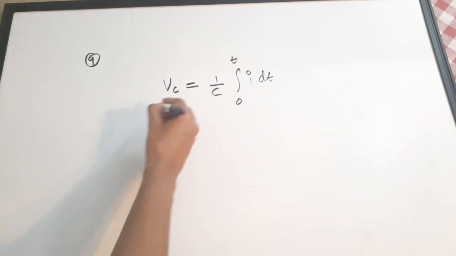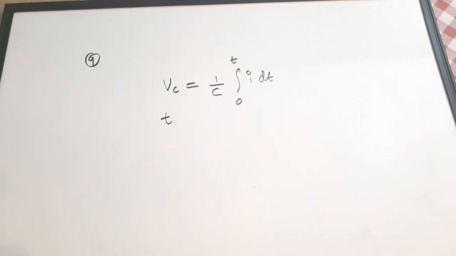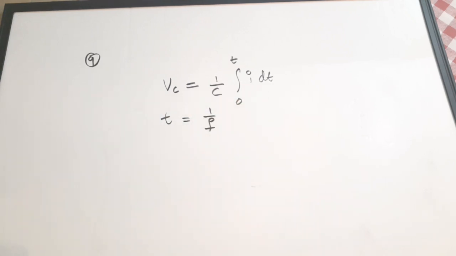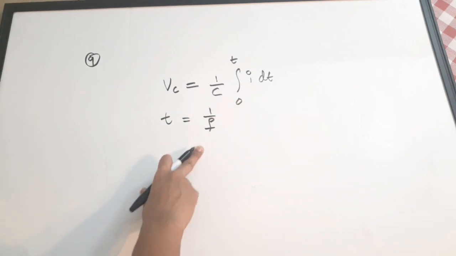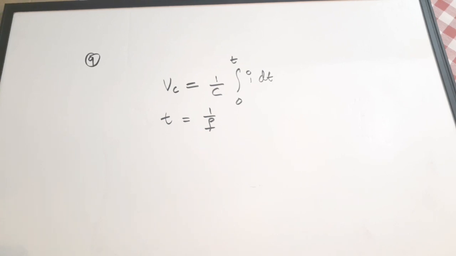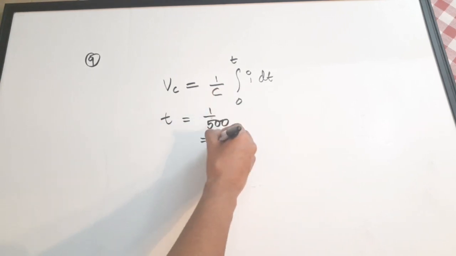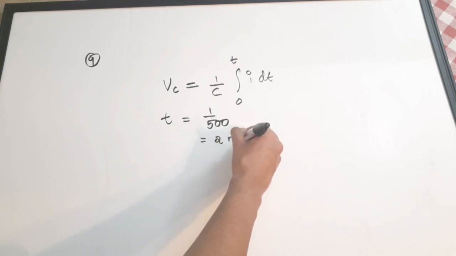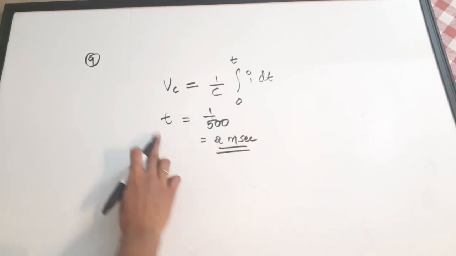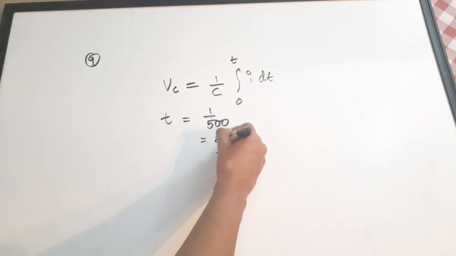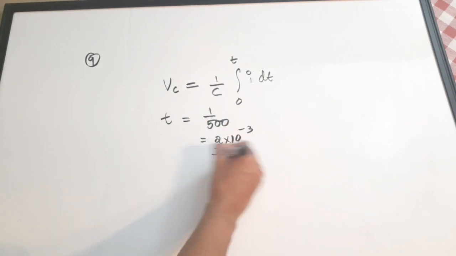Now, the T, or the period of the wave, T is equal to 1 by F, right? What is F? F is 500 Hertz, the frequency, right? So 1 by 500 is equal to 2 milliseconds. So T is equal to 2 milliseconds, or you can write it as 2 into 10 raised to minus 3 seconds.